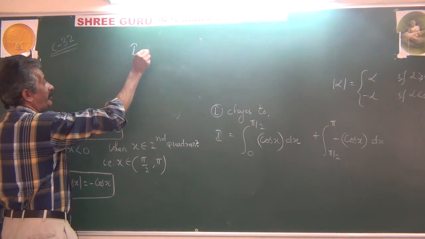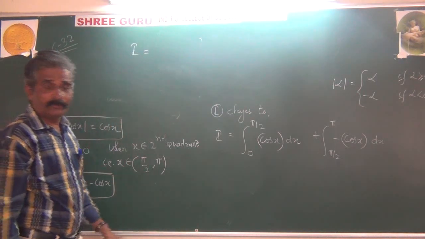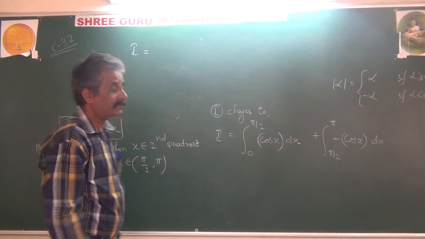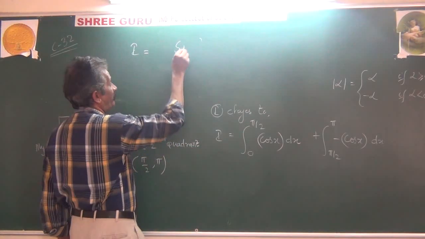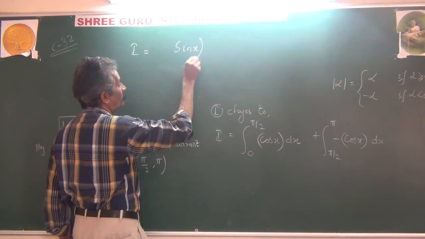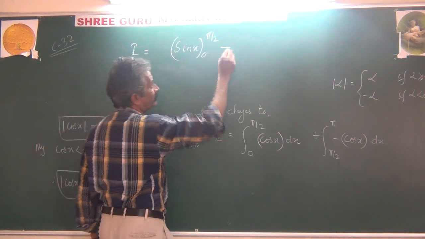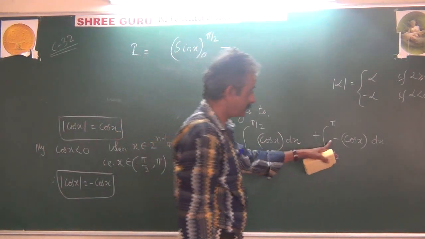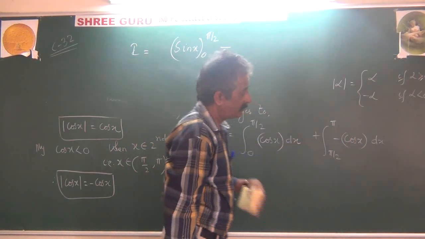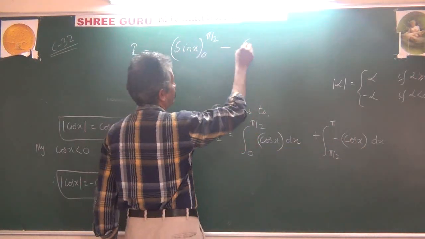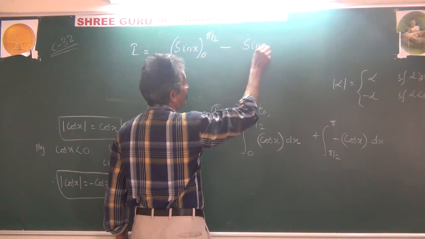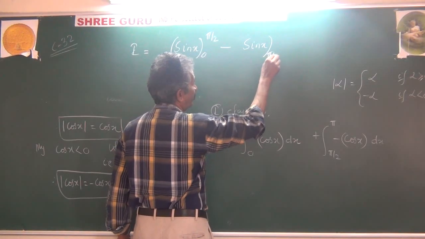Finally, we take out integration. What is integration of cos x? Sin x, but limits 0 to pi by 2, minus, because there is a minus, again cos x. What is integration of cos x? Sin x, but this time, limits are pi by 2 to pi.